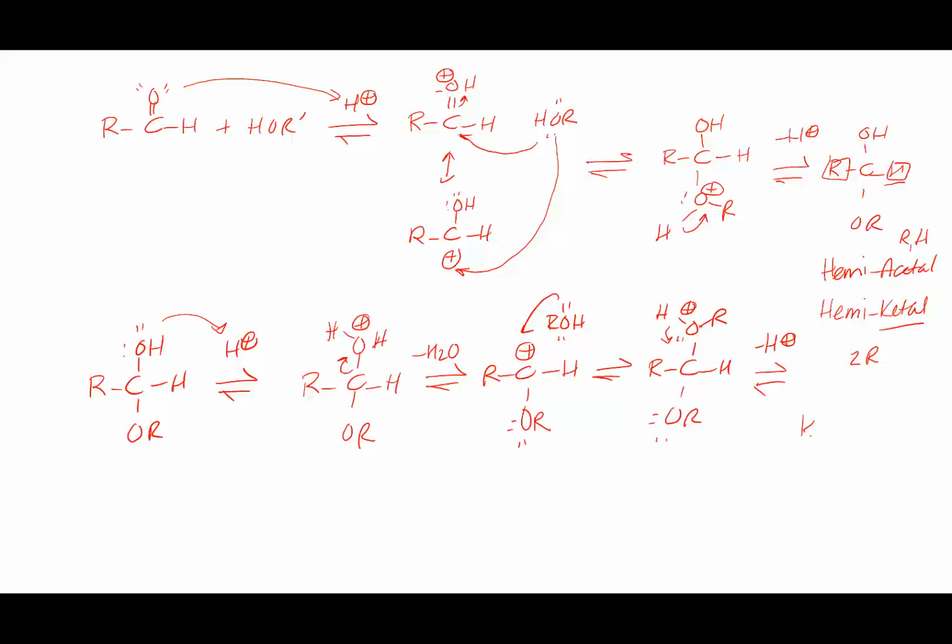And if I do that, then I'm going to end up with two OR groups now attached to the same carbon. And again, depending on what this group is, if it's an H, this is now called an acetal. This is the full-blown acetal. And if it's an R group, then it would be called a ketal. So this is the mechanism that I get for forming a hemiacetal as well as an acetal or a ketal.